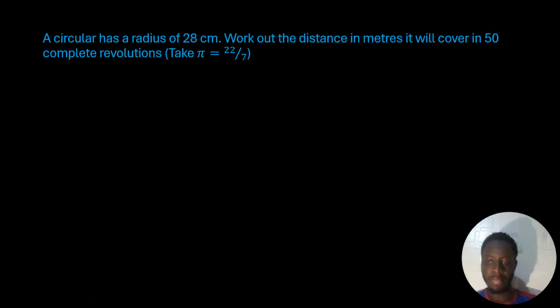Okay. On to our next example. A circle has a radius of 28 centimeters. Work out the distance in meters it will cover in 50 complete revolutions. Let us know that 1 revolution is equal to circumference.